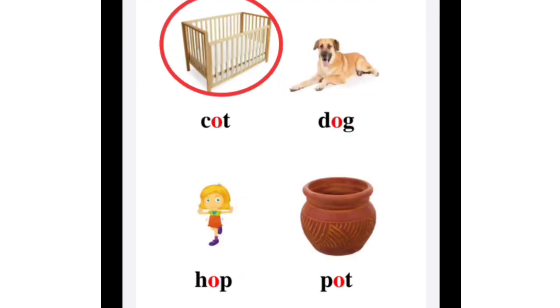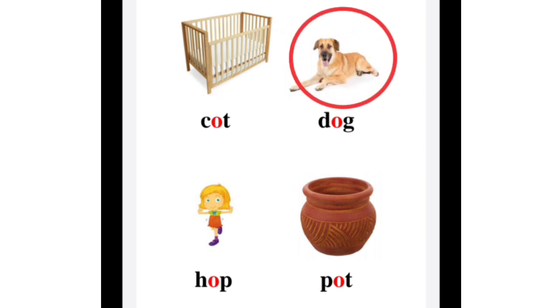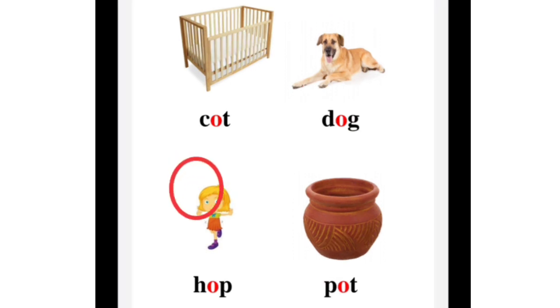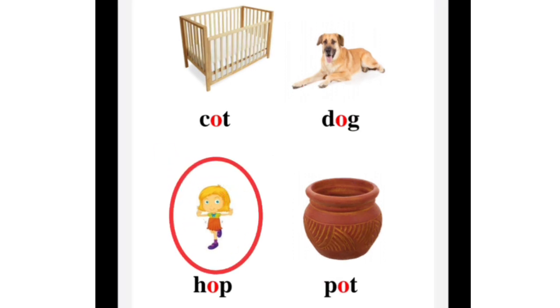Next picture, cot. C-O-T, cot. A small bed for babies is called a cot. Next one, dog. D-O-G, dog. Dog is a pet animal. Next one, hop.